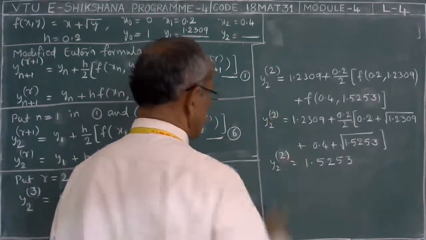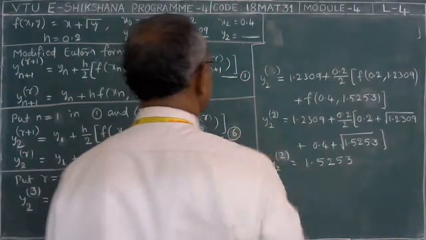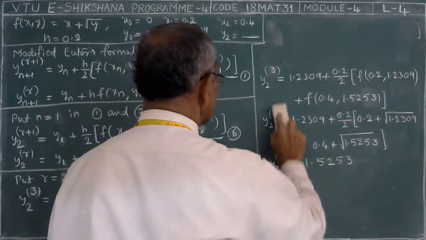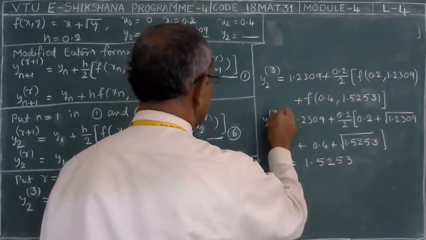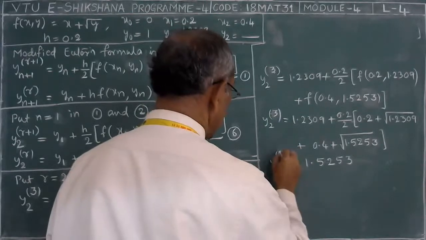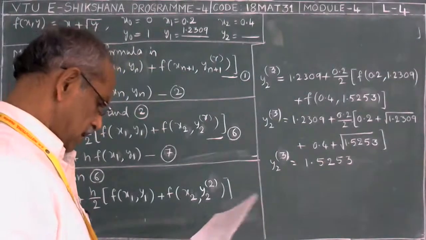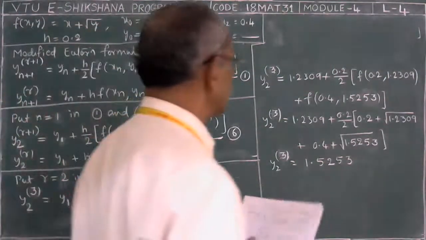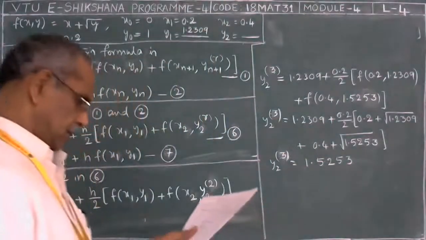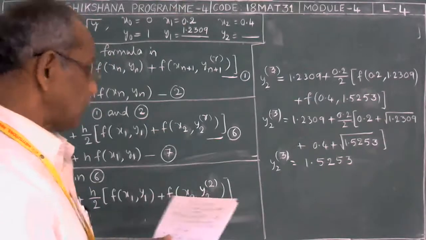So this is y2 3. If you carefully calculate, y2 3 is 1.5253.